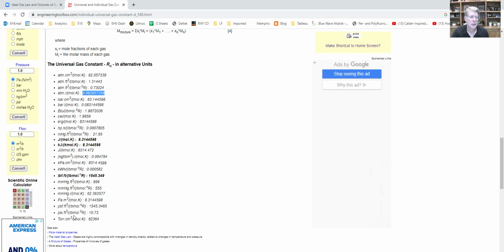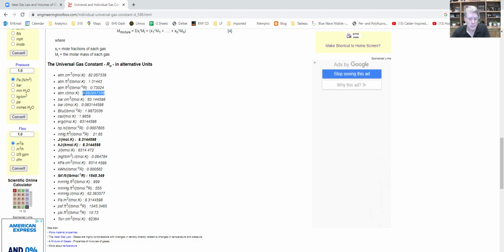There are many, as listed at a website called the Engineering Toolbox, which is kind of a handy tool. I recommend, for our purposes, using this form of the ideal gas constant: 0.082057338, and the units of that are atmosphere liter per mole Kelvin.